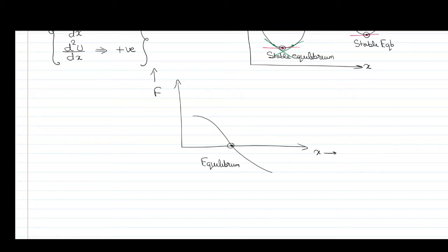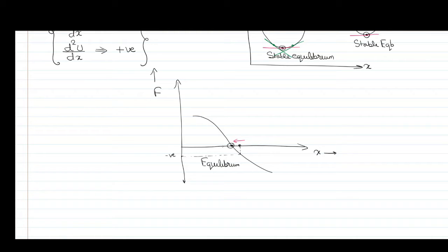From this equilibrium position, if we go forward, the force will be negative. Negative means that it will be directed towards negative x-axis, means towards the equilibrium position.